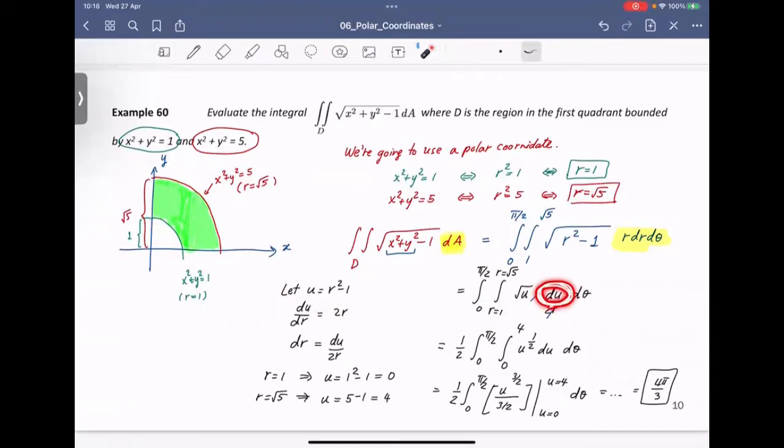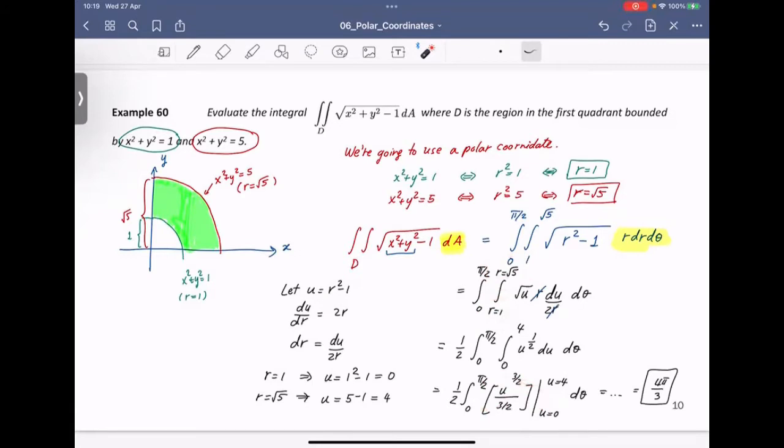This is why I have to change it to 0 to 4. Because if I use 1 to square root 5, it's going to be r. If you want, you can keep 1 to square root 5. When you integrate it here, you can replace u back by r squared minus 1. And then you plug in r equal to square root 5 and 1 on this step.